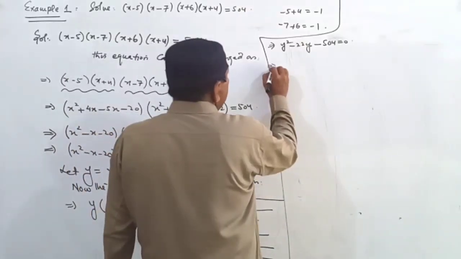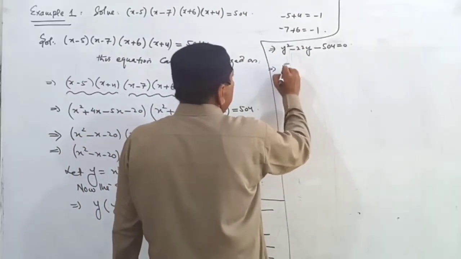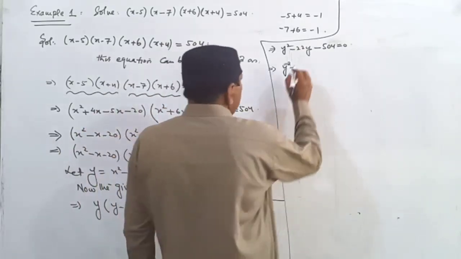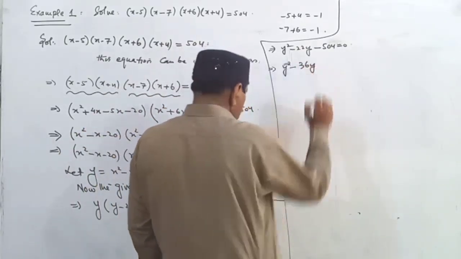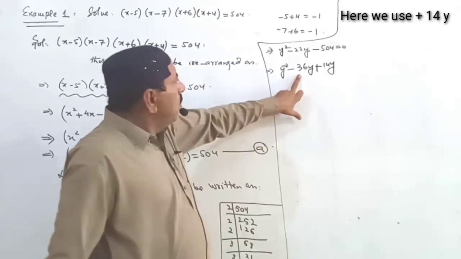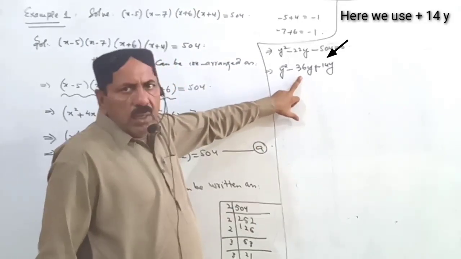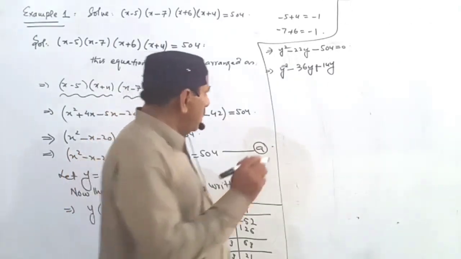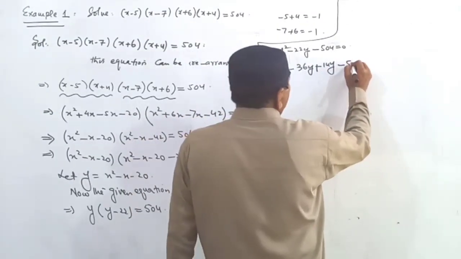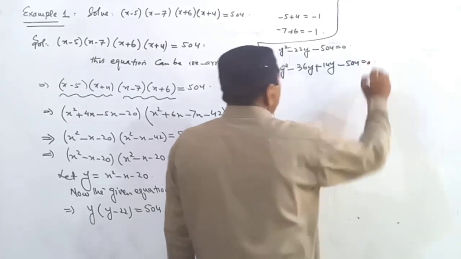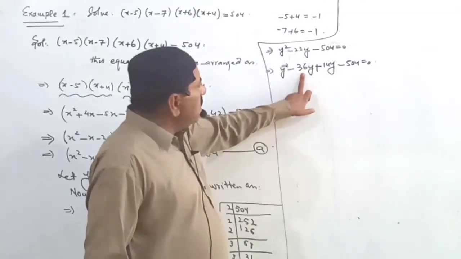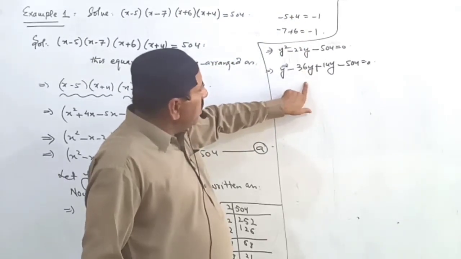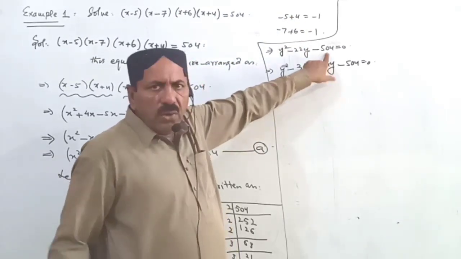So we can write this as y square minus 36y plus 14y minus 504 is equal to 0. Now the sum of minus 36 and 14 will be minus 22, and the multiplication of minus 36 and 14 will be minus 504.